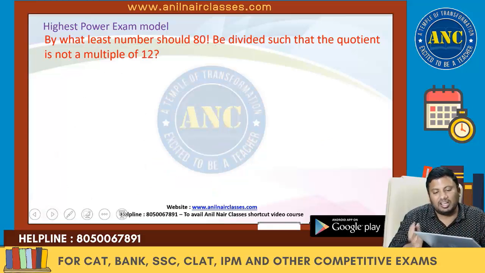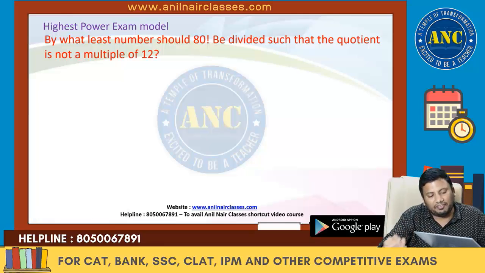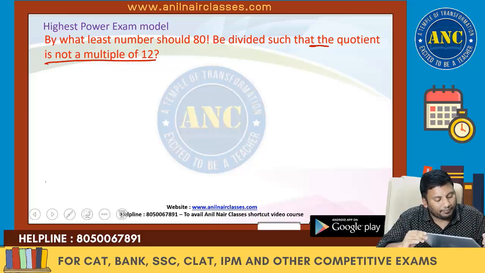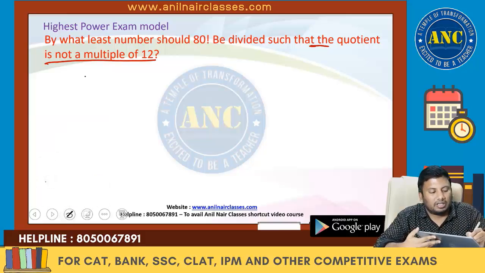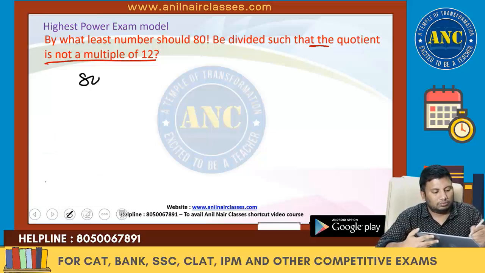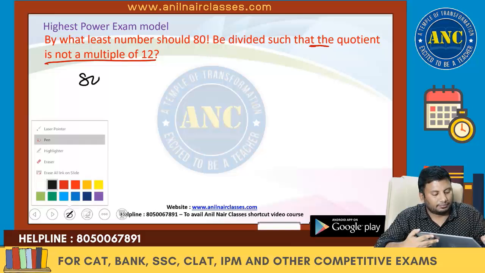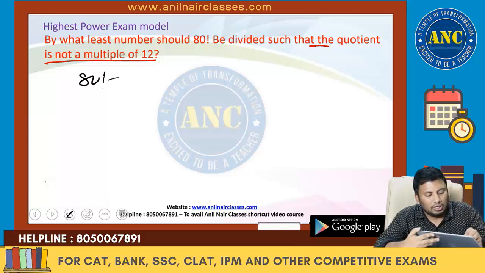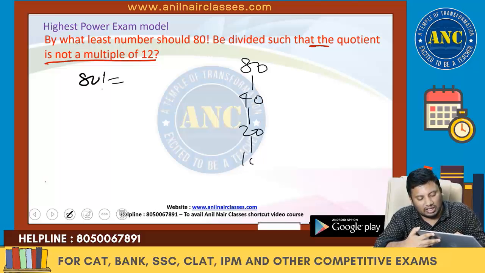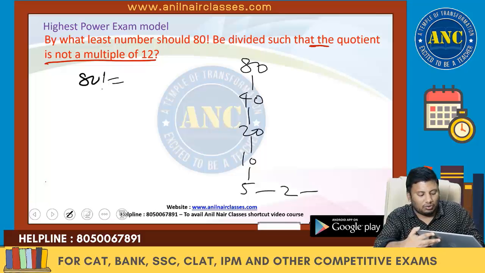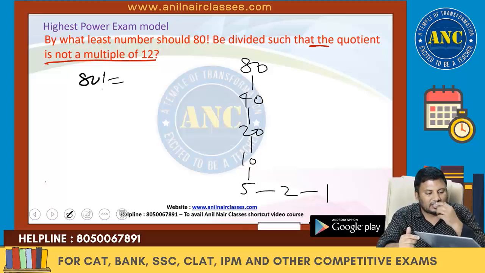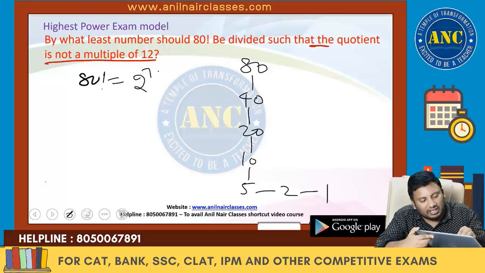Next one. These are all easy questions, sir. 80 factorial and the quotient is not a multiple of 12. 80 factorial is nothing but 80 giving you 40, 20, 10, 5, 2, 1 — that is 2 power 78.